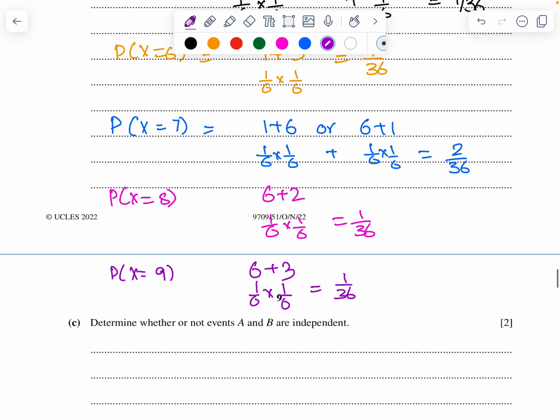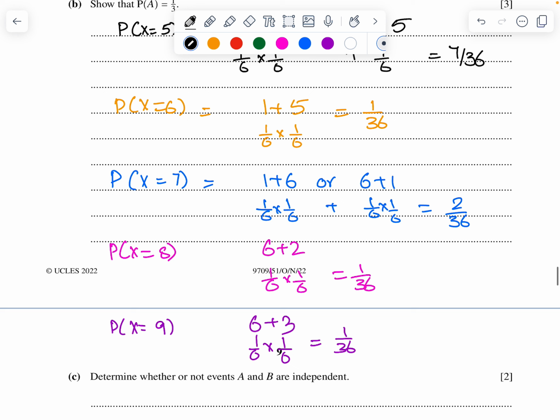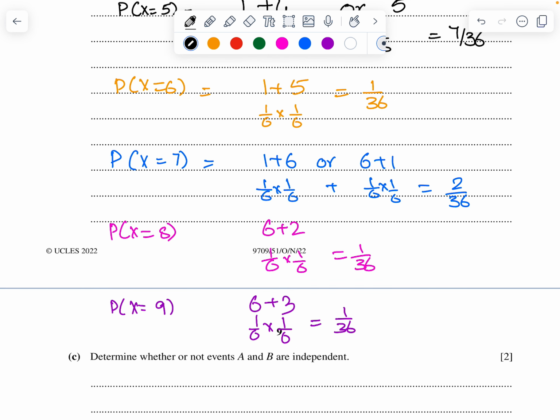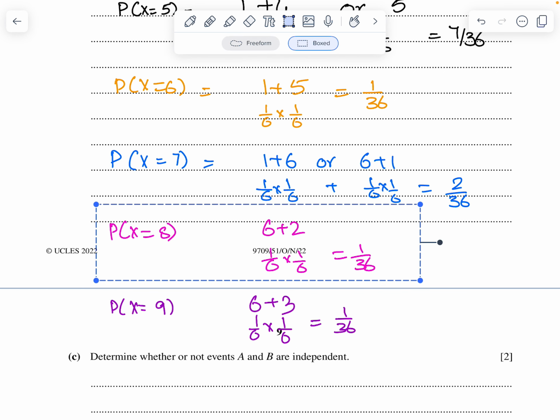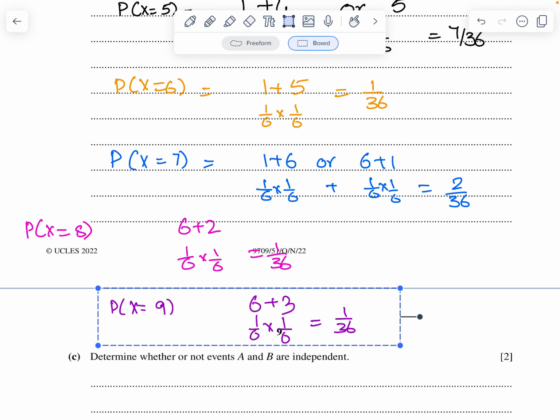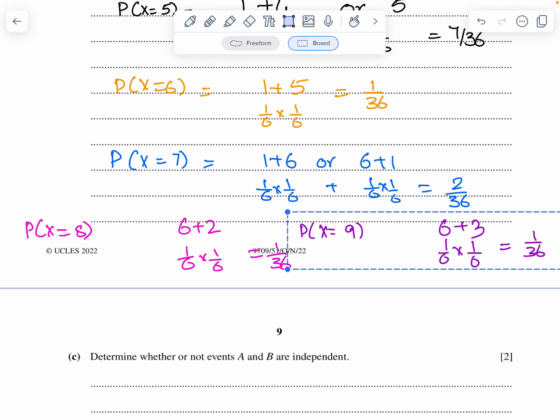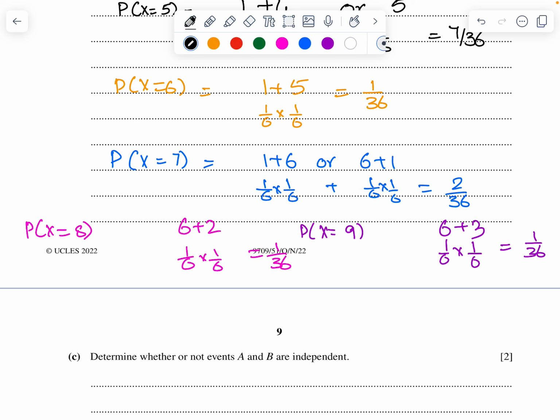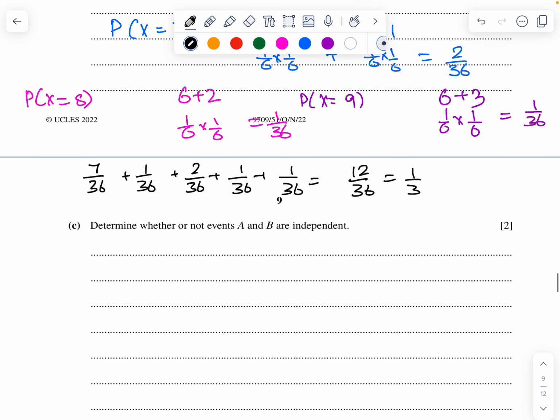Now adding all: 7 upon 36 plus 1 upon 36 plus 2 upon 36 plus 1 upon 36 plus 1 upon 36, which is 12 upon 36, which is 1 upon 3.